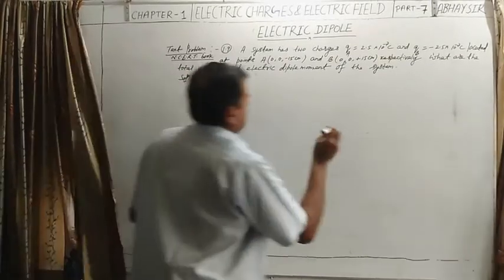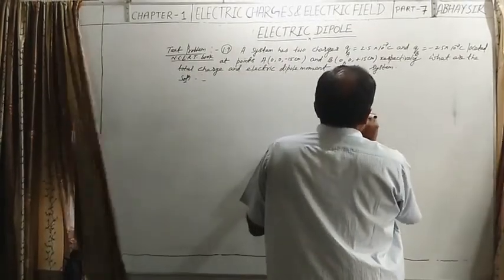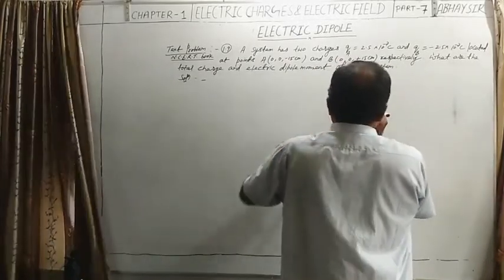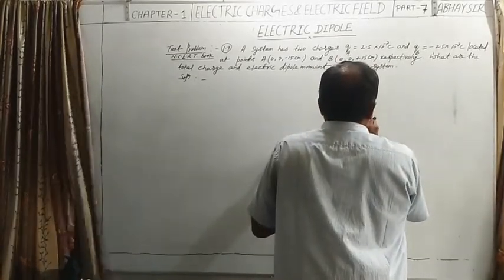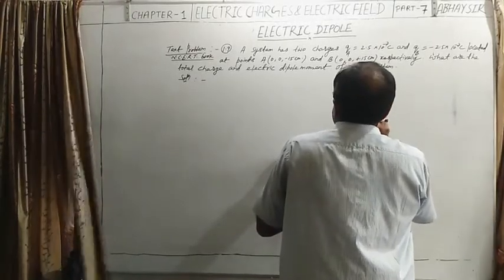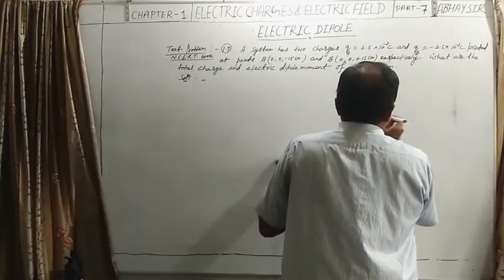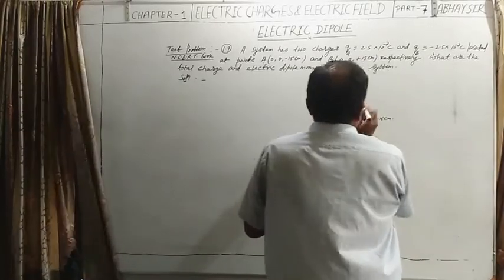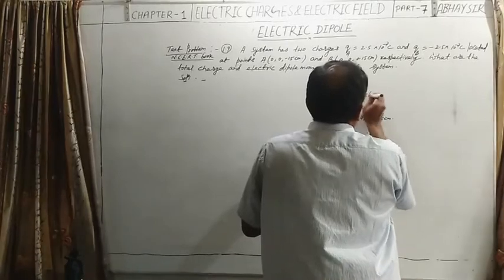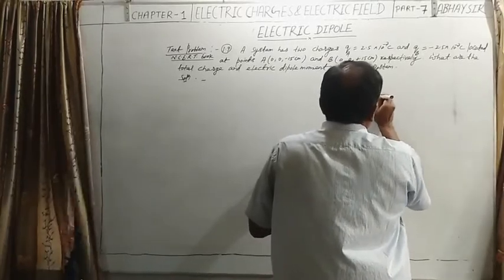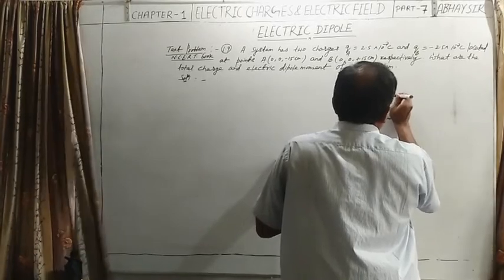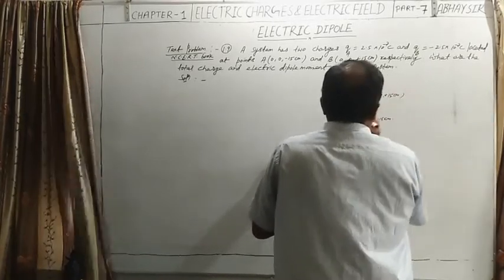First sketch the diagram. Point A is taken along the negative z axis, with coordinates 0, 0, minus 15 cm. The other point is B, 0, 0, plus 15 cm, along the plus z axis.